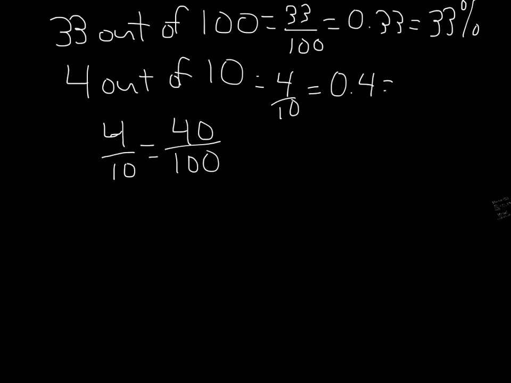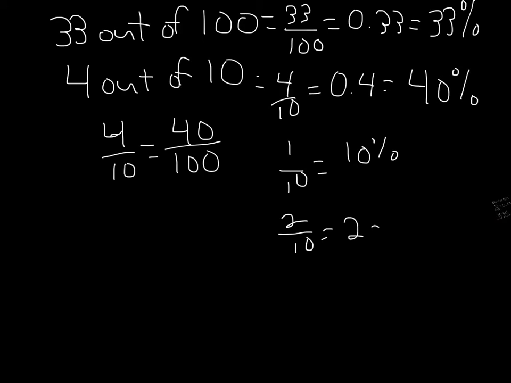And so 4 tenths is actually the same as 40%. And we can use that all the time. We know that 1 tenth is 10%, that 2 tenths is 20%, 3 tenths is 30%, and so on. And that's very useful to be able to understand.